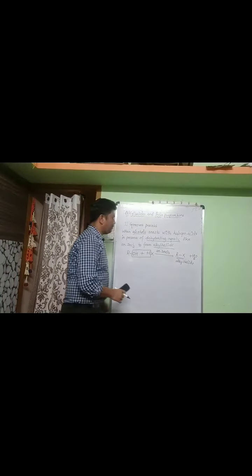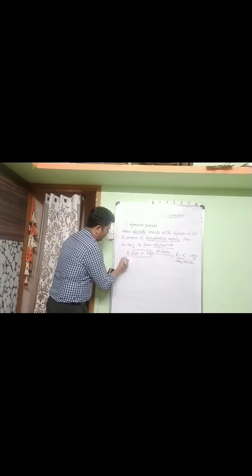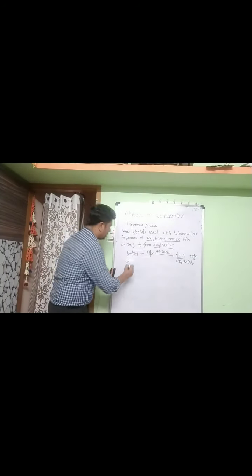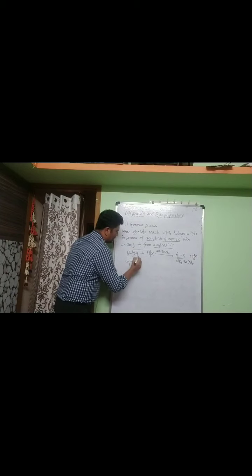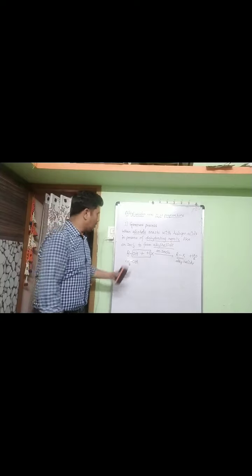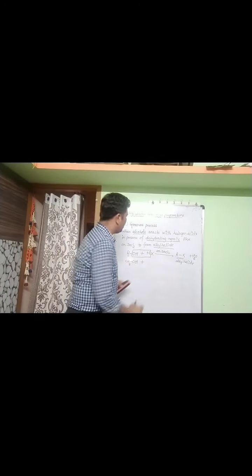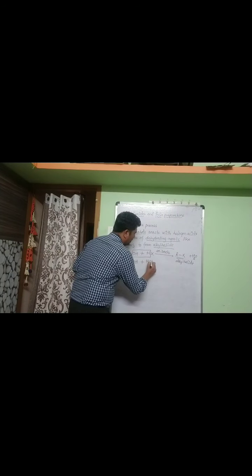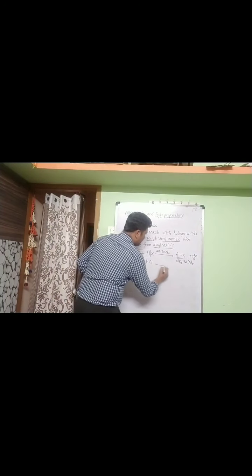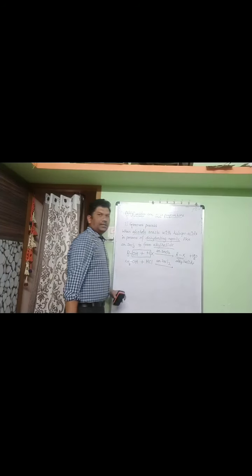So let me take one example for this Gross process. I'll take one alcohol here. In place of R, I'll write CH3, that is methyl group, CH3OH. CH3OH is an alcohol and the name of the alcohol is methyl alcohol. This methyl alcohol, when it reacts with one halogen acid, I'll take halogen acid HCl, in presence of anhydrous zinc chloride.